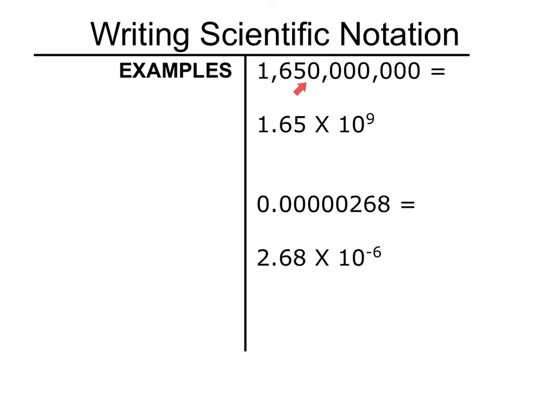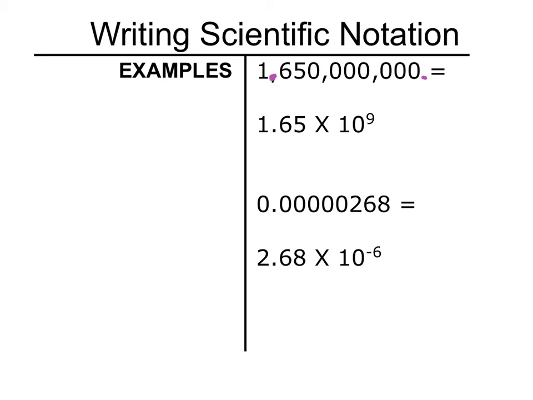I have 1,650,000,000 that I'm going to turn into scientific notation. So the first thing I need to do is create the factor. So I'm going to put the decimal point between the 1 and the 6. So I've created a factor of 1.65. This factor is greater than or equal to 1, but less than 10. Now I'm going to multiply it by a power of 10. The decimal point was originally after our last zero.